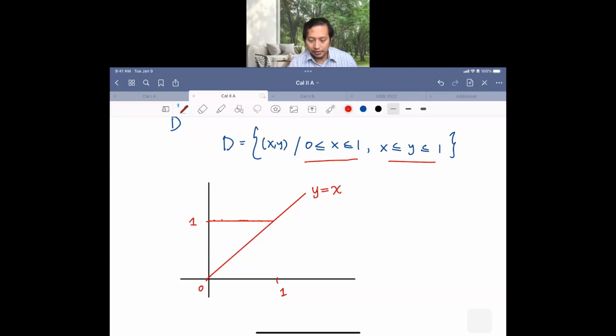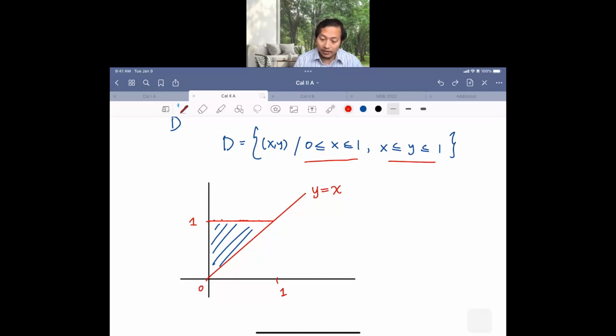If you check with our conditions, x is from 0 to 1 and y is from x to 1. So this is our region, right? Careful, because sometimes if you do not really pay attention, you may end up with the other part as your region, and that's wrong.